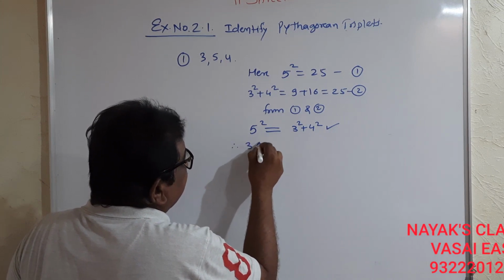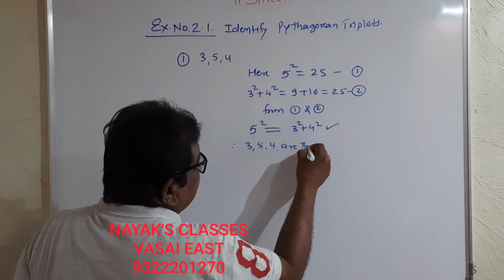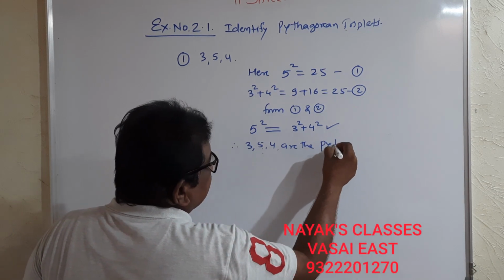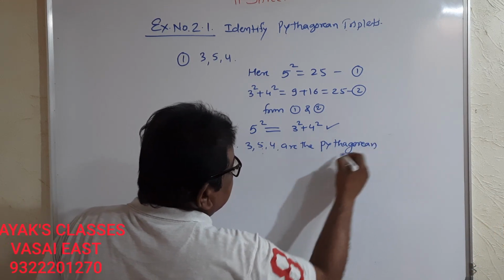Therefore, 3, 5, 4 are a Pythagorean triplet.